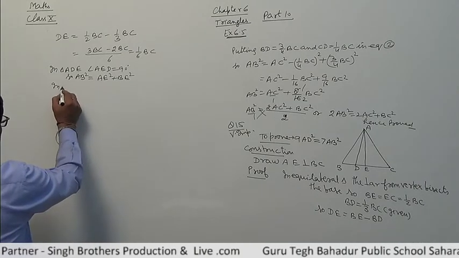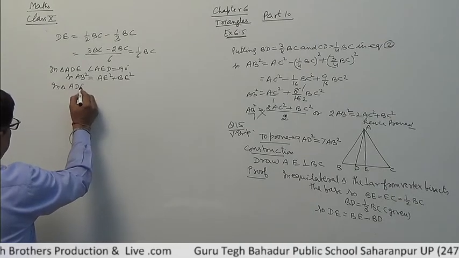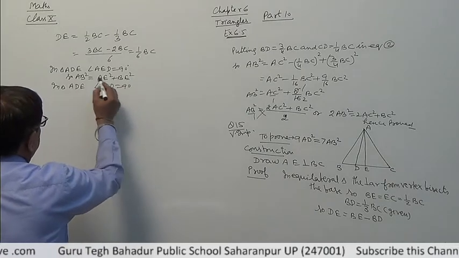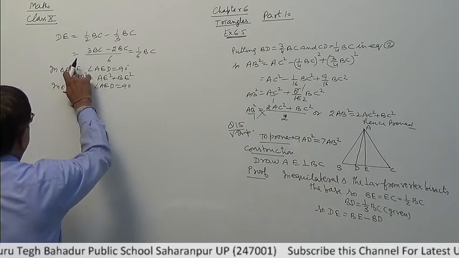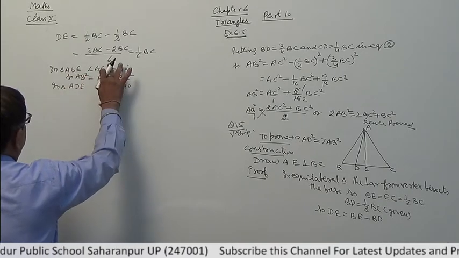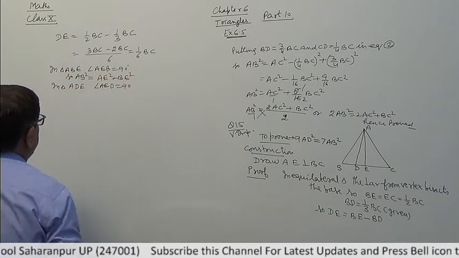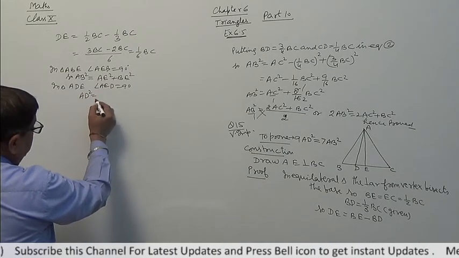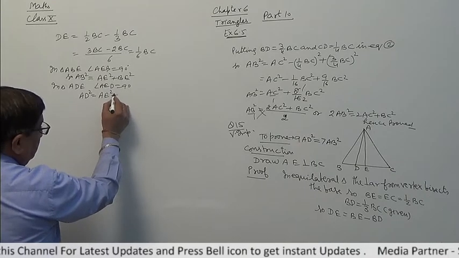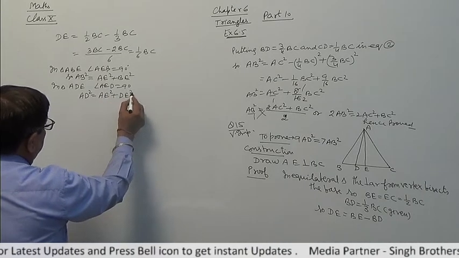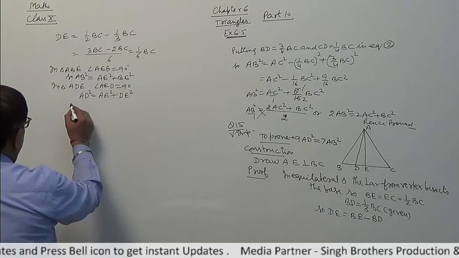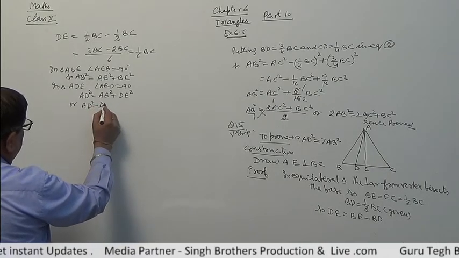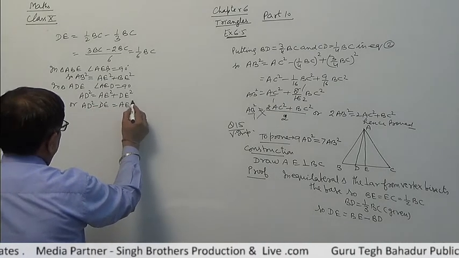In triangle ADE, AD square is equal to AE square plus DE square, or AD square minus DE square is equal to AE square.